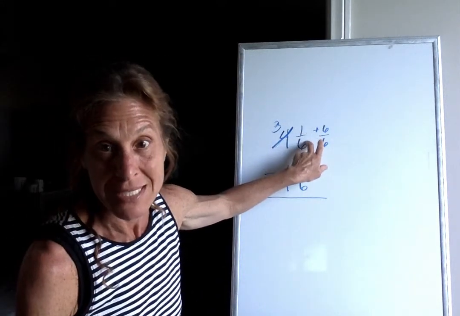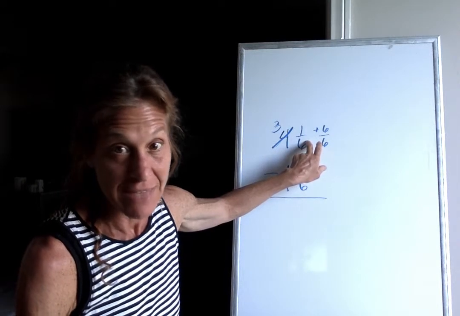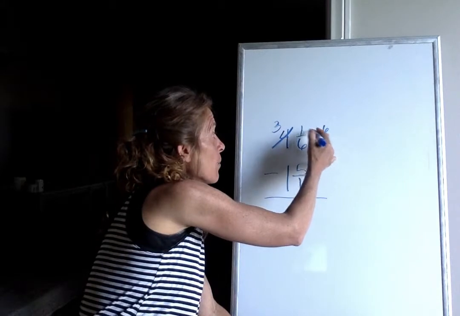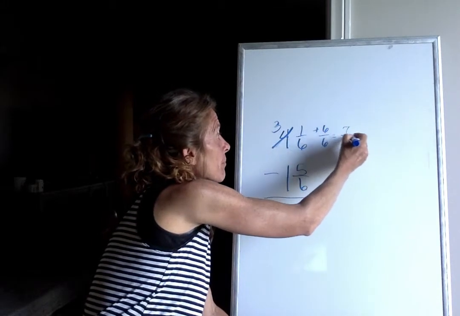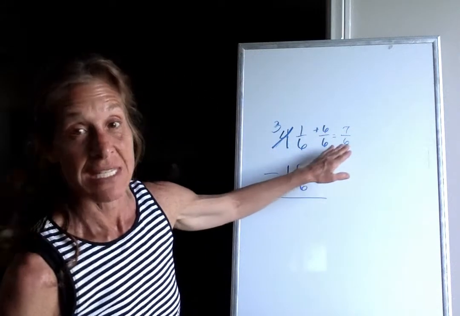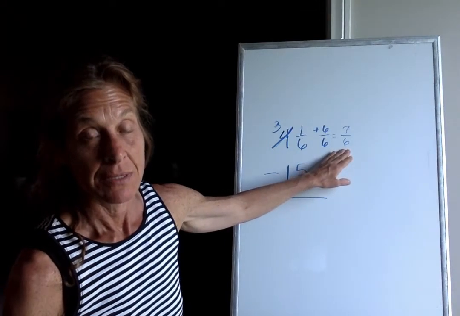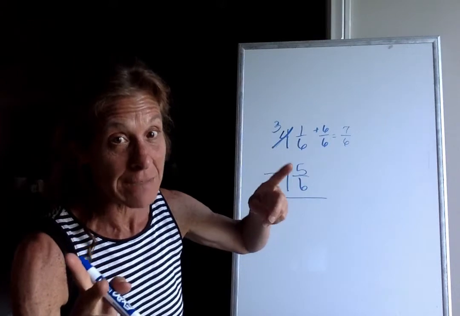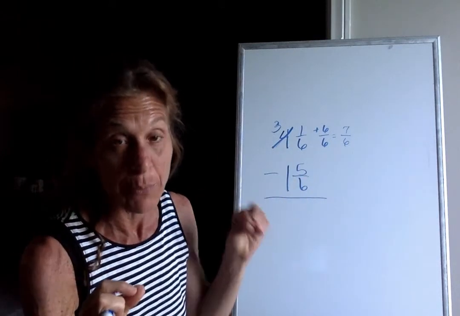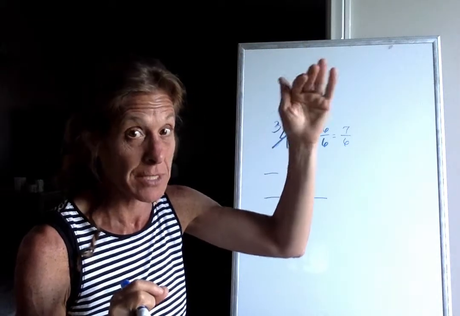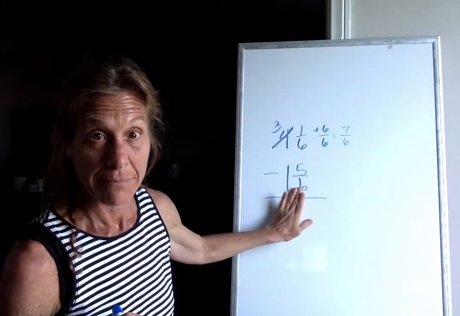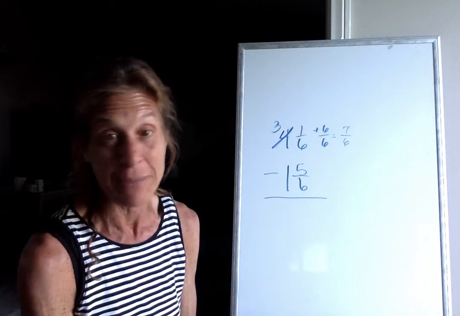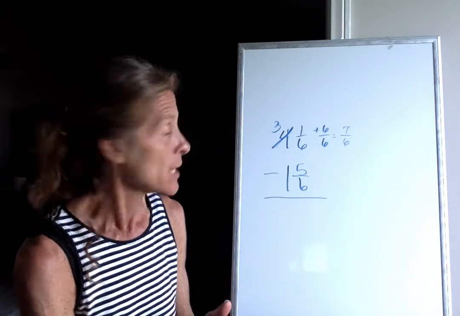What is 1 plus 6? 7. This now becomes 7/6. All right? Yes, it's improper, but it's improper for a reason because we're doing subtraction now, and we need a larger fraction on top than on the bottom. Okay? So let's work our subtraction problem out now that we have borrowed and we have enough.